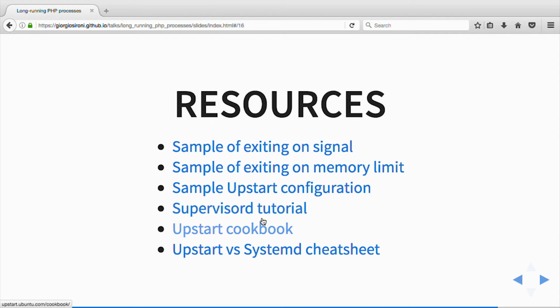With Supervisord, usually you have a fixed number of processes per server, and you have to change the configuration in an invasive way to be able to change that number. With Upstart, instead, you are more dynamic. You can scale up or scale down the number just by running some commands, but you will have to automate those commands yourself. So there are pros and cons to the different systems, and you really have to study them and use them for a while in anger before you're able to judge for yourself.